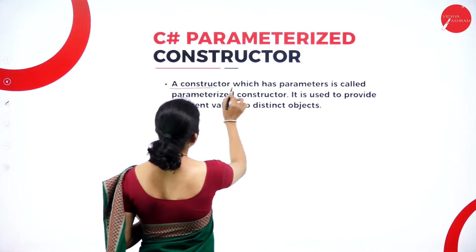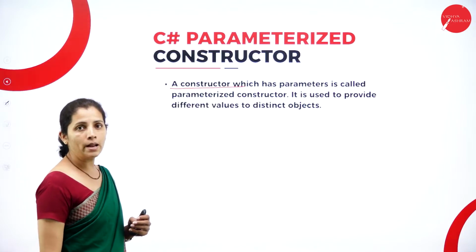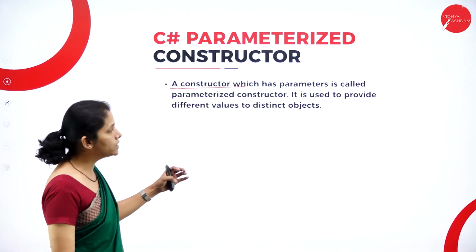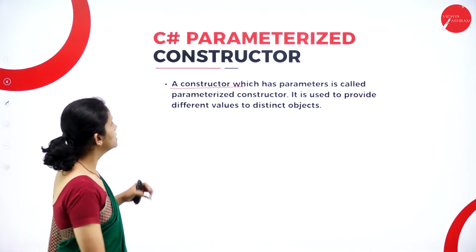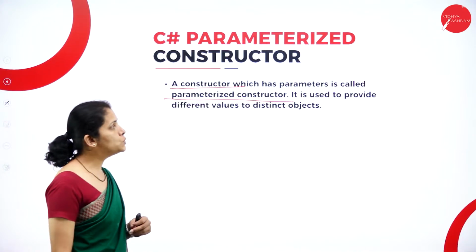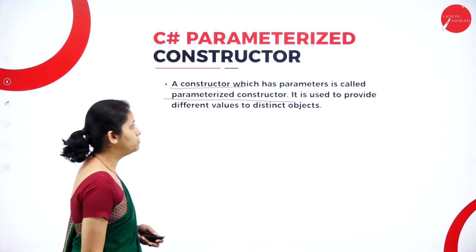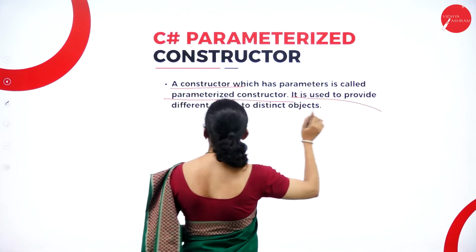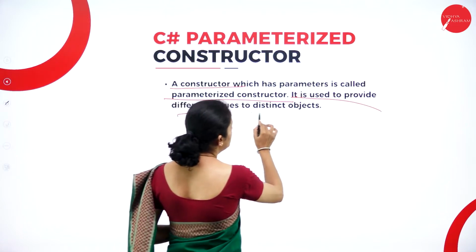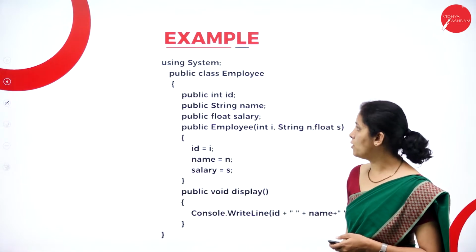So a constructor which has parameter. That means a function with argument is called parameterized constructor, and it is used to provide different values to distinct objects.